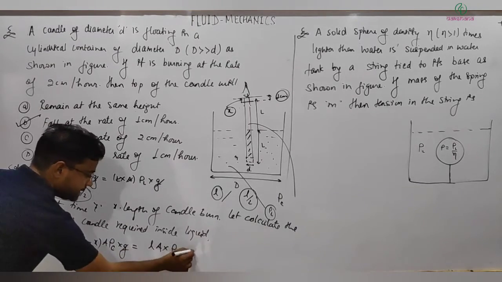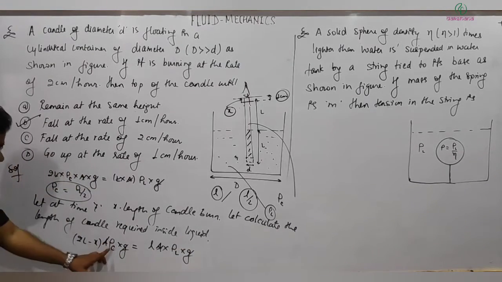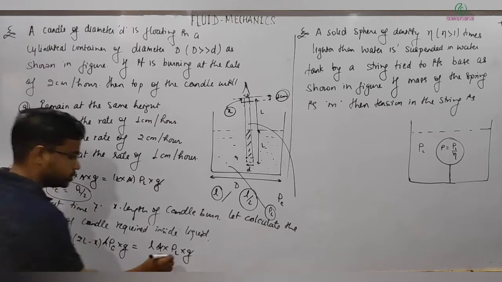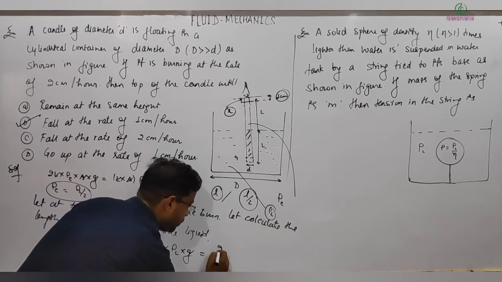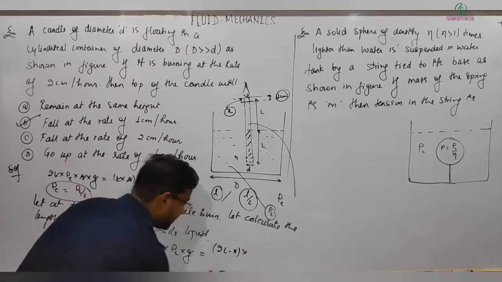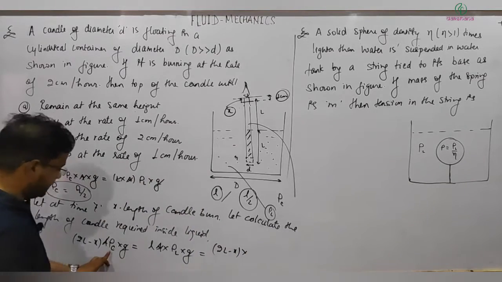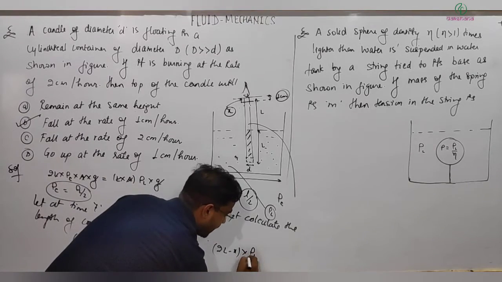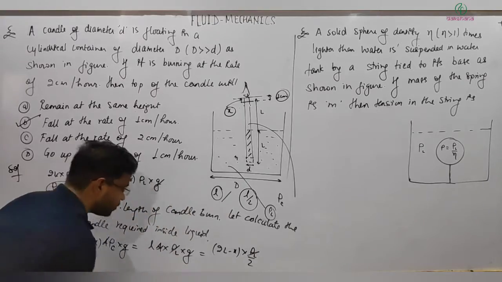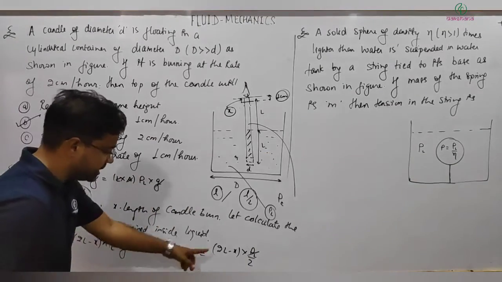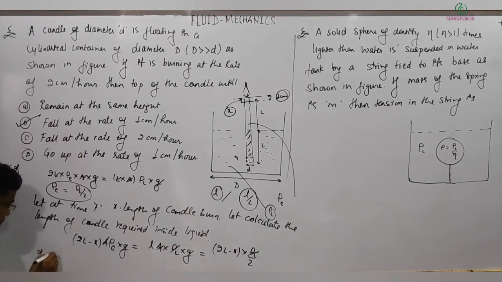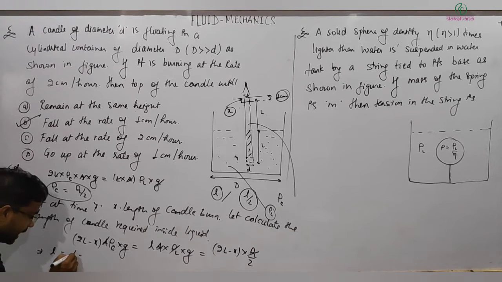Solving it, g gets cancelled, A gets cancelled, rho C we are getting as rho L by 2, so this is equal to 2L minus X multiplied by rho L by 2. Now l is coming out to be, this implies small l is equal to capital L minus X by 2.